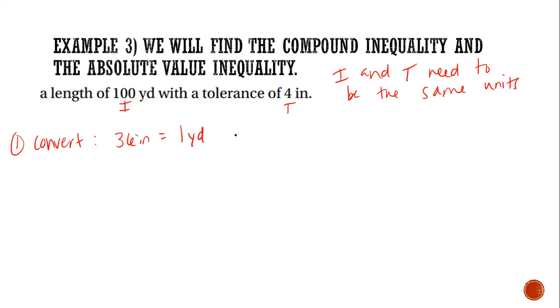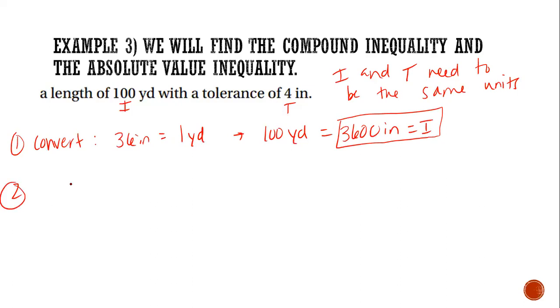So if I have 100 yards, that's going to equal 3,600 inches. So this one had to be converted. Now this is my new I. My I is 3,600 inches.